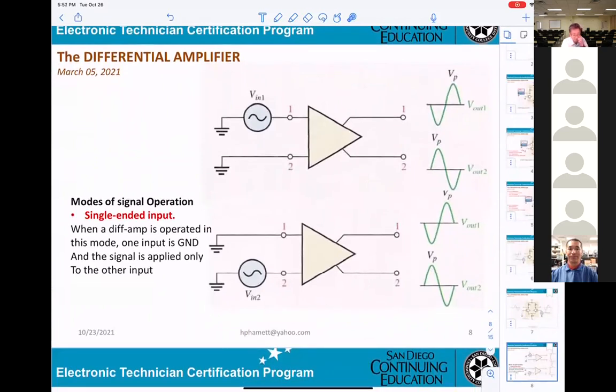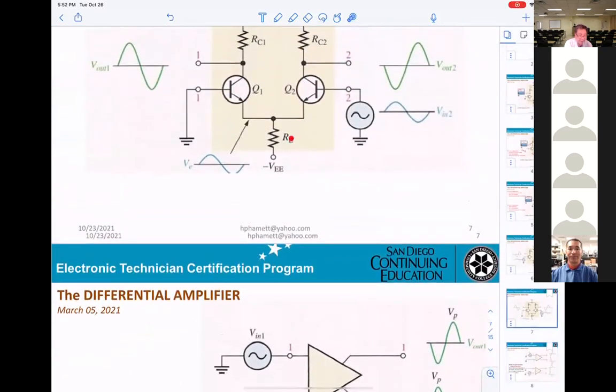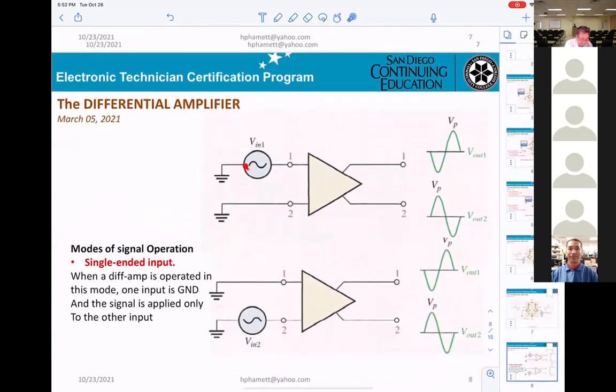Now, normally you can see the way a differential amplifier is drawn by the symbol. Inside this one is this circuitry here. So they apply the signal to input 1, and input 2 they ground. And the output, one will be inverted and one will be in phase.